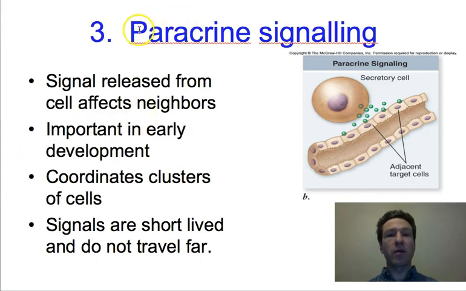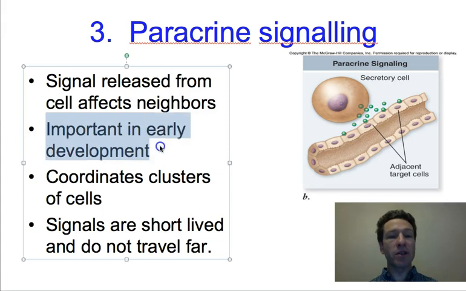Let's compare that to paracrine signaling, which we just mentioned. This is when a signal gets released from a cell and it affects nearby neighboring cells. This kind of signaling happens especially early in development when neighboring cells are going through the process of determining which cells will develop into one type of cell and which cells will develop into another type.